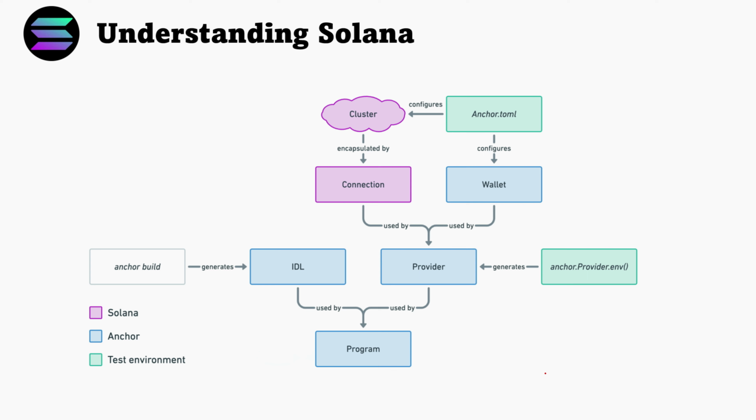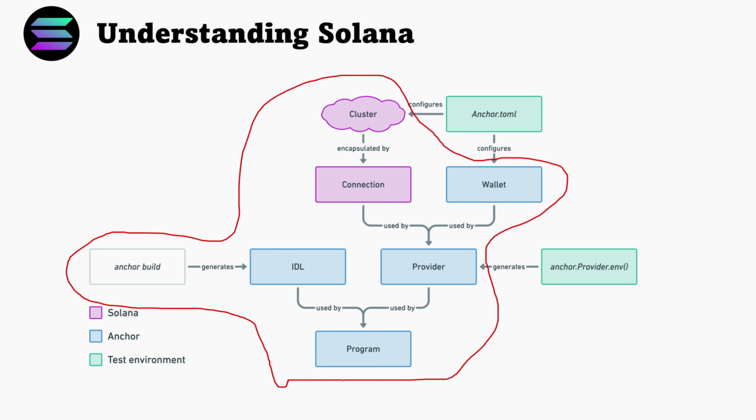Okay. Last but not least, there's another variable that comes into the picture, and that is anchor. Now, if you go to your Anchor.toml, you will find that currently it is configured to talk to a cluster that is running on localhost. However, we're going to change this setting when we design our front end using a Next.js application.